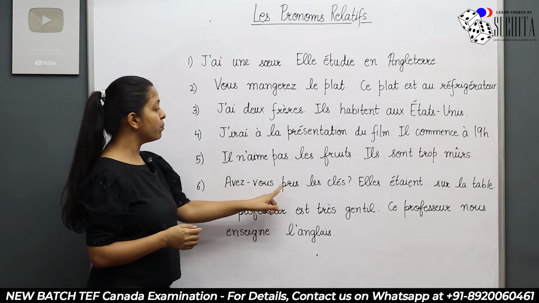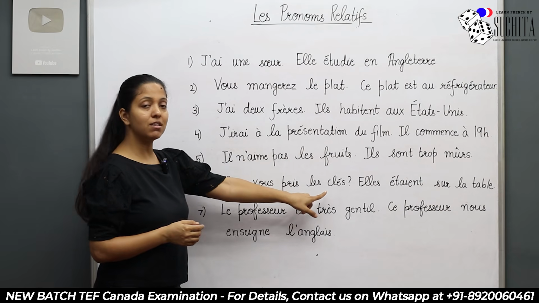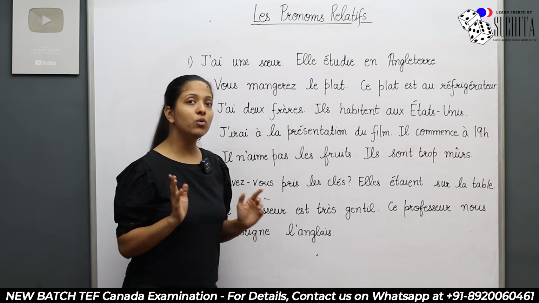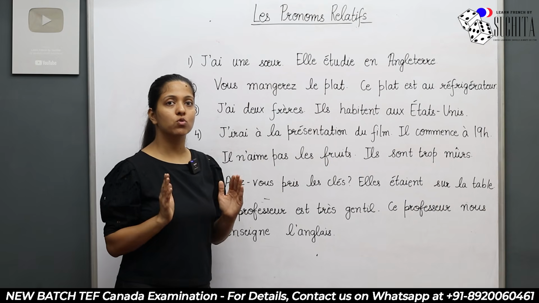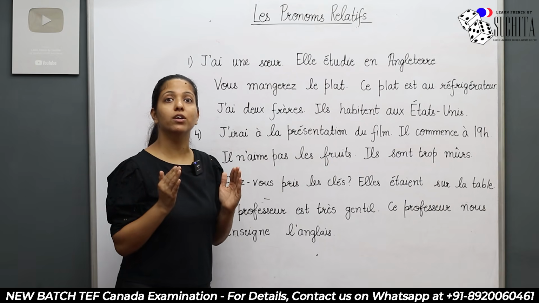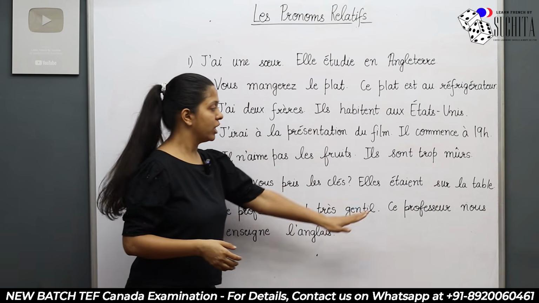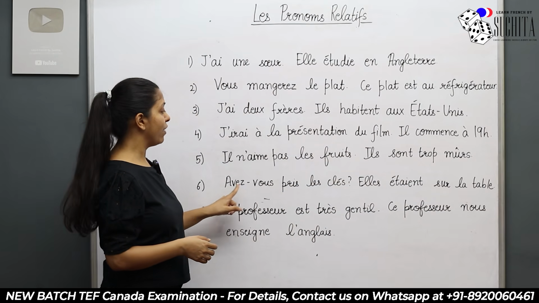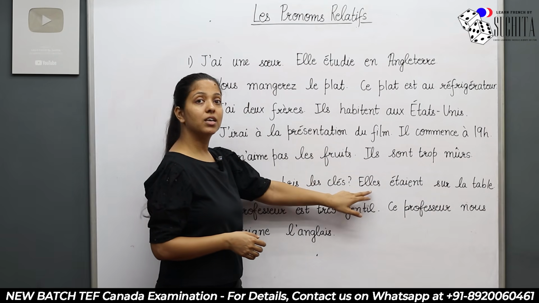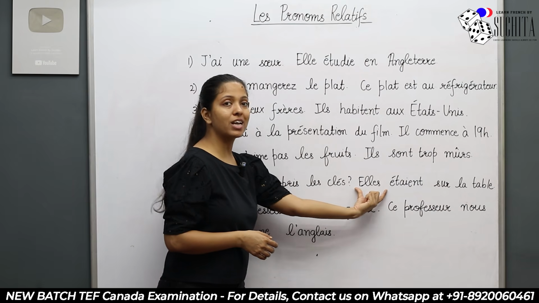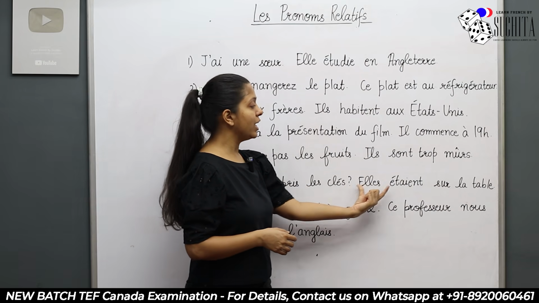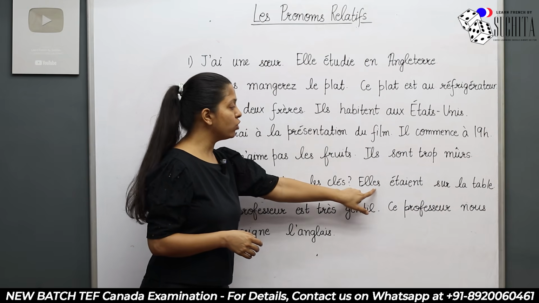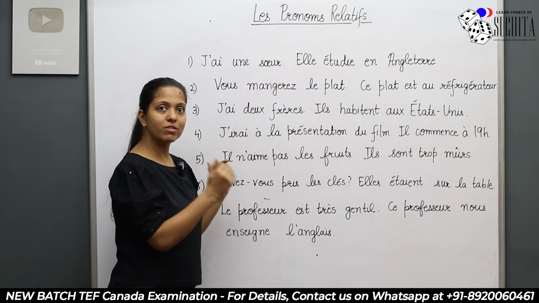Now, avez-vous pris? Have you taken the keys? The second one is: they are on the table. Now, what do you need to do? I told you in order to use the relative pronoun, you always look for the repetition in the second sentence. In the second sentence, the repetition is elles. Elles is my repetition for the keys. I want to avoid elles and join the 2 sentences.